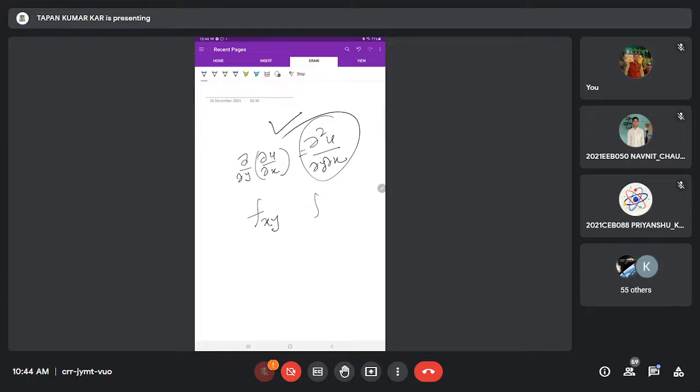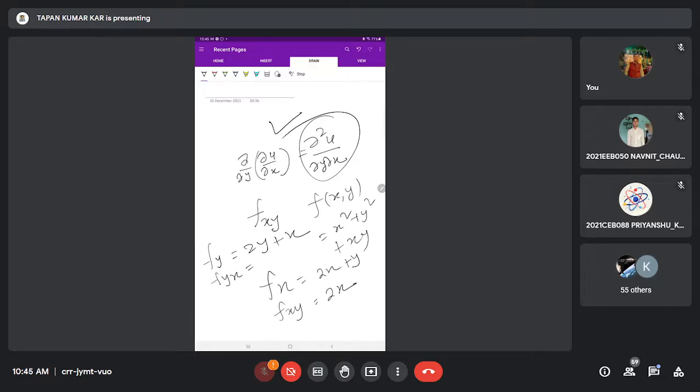Suppose f equals x square plus y square plus xy. Then fx is 2x plus y, and fxy is what? 1. And fy is 2y plus x, and fyx is what?